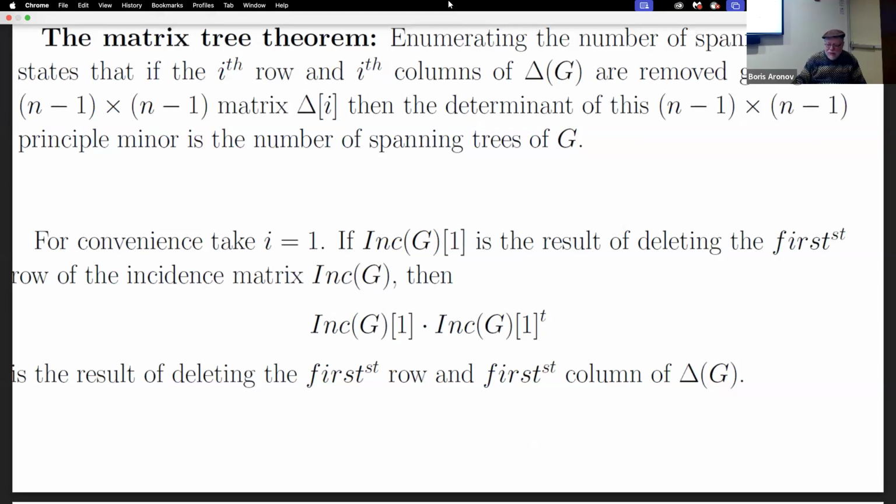Okay, and then the classical matrix tree theorem involving the Kirchhoff Laplacian involves enumerating the number of spanning trees. What you do is remove a row and a column, then take the determinant of the minor of what's left, and that gives you the number of spanning trees of the graph, which turns out to be the same information that you get from the determinant of the mesh matrix as well.